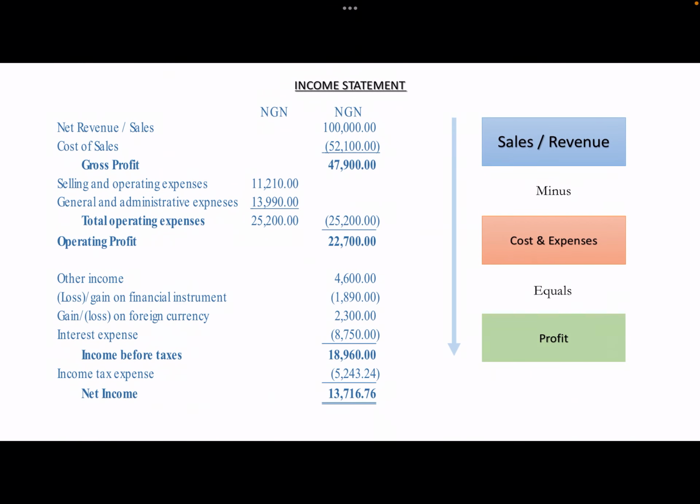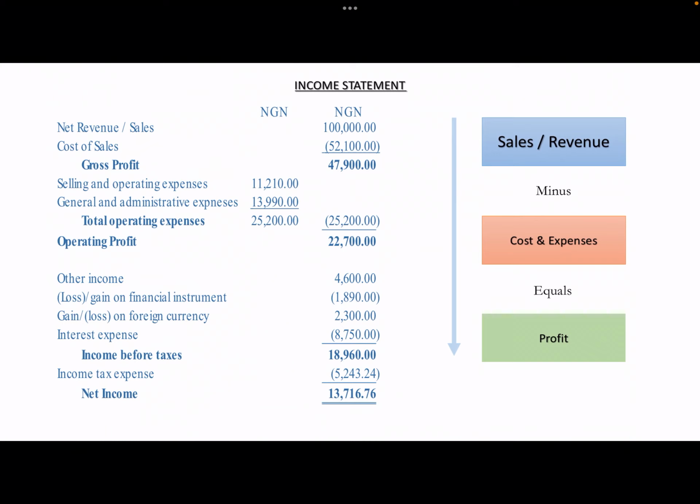Then what we have here is a prototype income statement. Like we said, what the income statement shows is a summarization of company sales, expenses, and profits. The bottom line of an income statement is to know what the net profit for the period is.